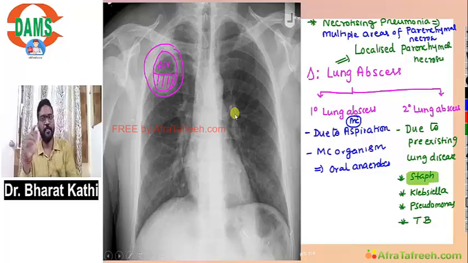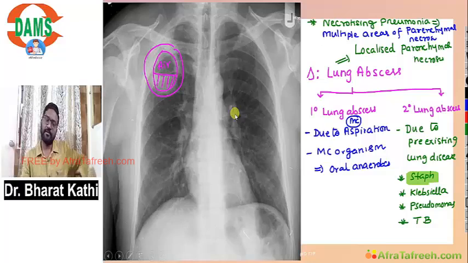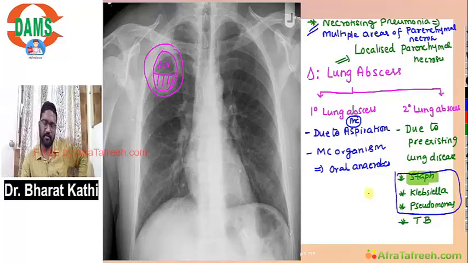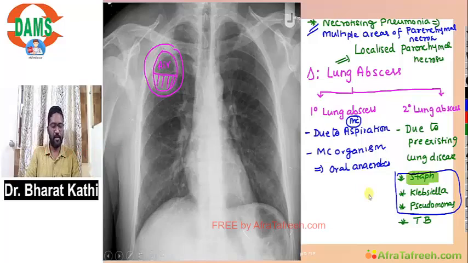And usually the criteria will be that all those areas of involvement are less than 1 centimeter. And again, famous for necrotizing pneumonia are staph, Klebsiella, Pseudomonas. So a localized area is lung abscess. Multiple areas is necrotizing pneumonia.